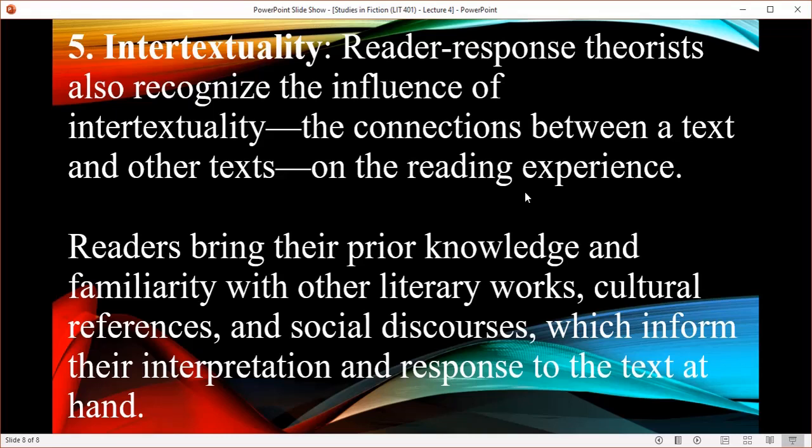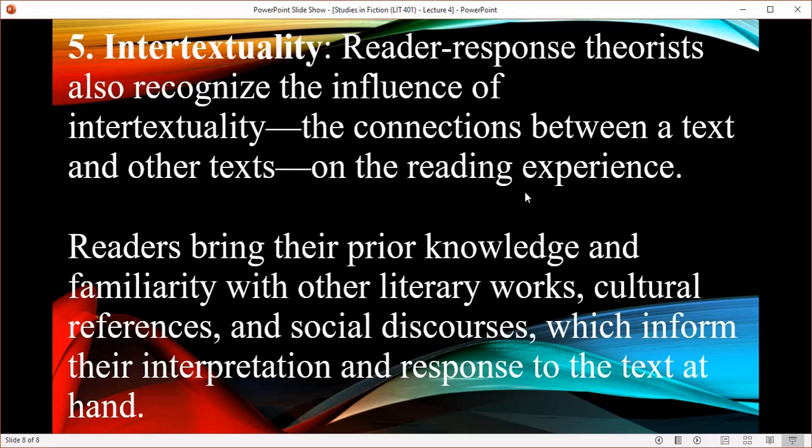And even a particular text is not interpreted as a solitary text, but it is interpreted as a text that has some interaction with some other text based on the past experience of the reader.